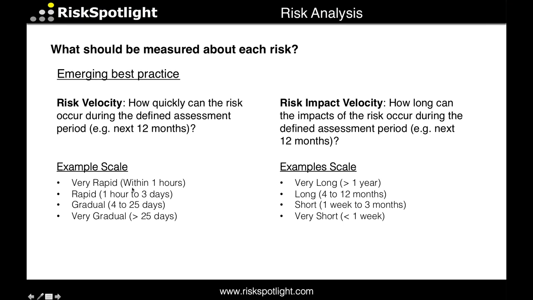So that could all be happening very rapidly, where you may not have a lot of time to detect and respond to that event, while some things may be very gradual. There may be a senior management fraud which goes on for multiple years before it's identified. So organizations are also starting to look at capturing the velocity of the risk, so how quickly things could happen, and then also capture the velocity of the impact.